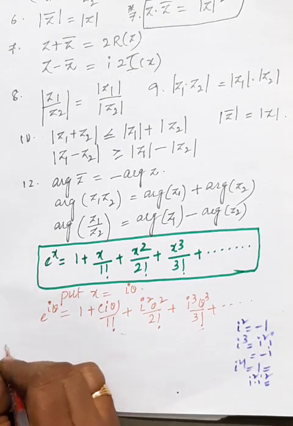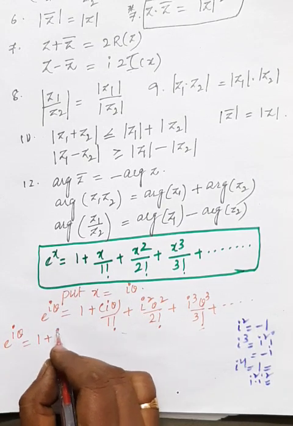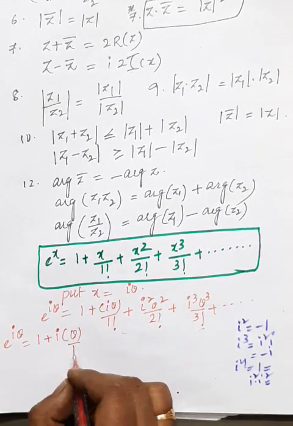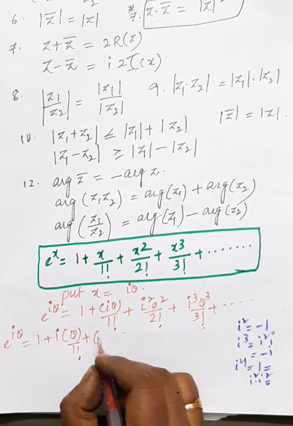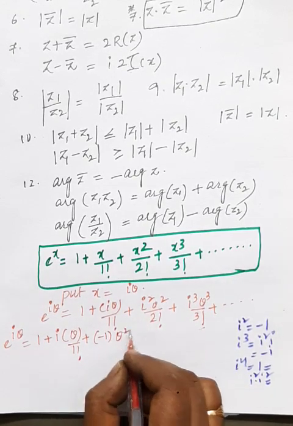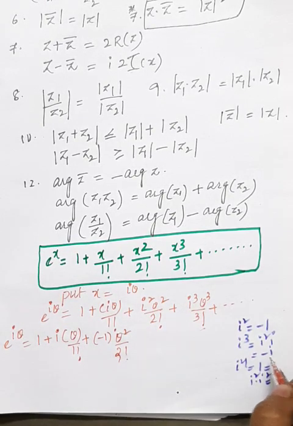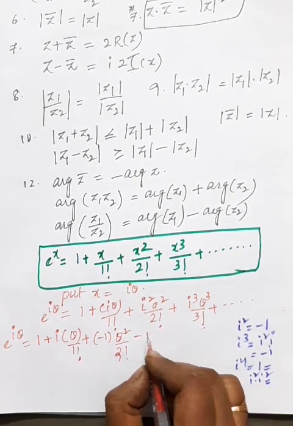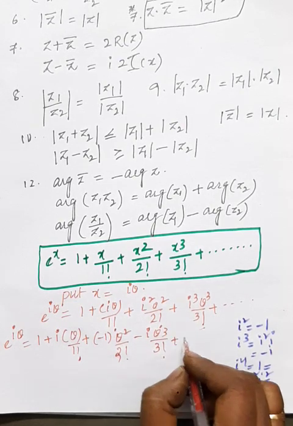Therefore we can write e power i theta is equal to 1 plus i into theta by 1 factorial plus i square is minus 1. So minus 1 into theta square by 2 factorial. Next i cube is minus i. Therefore minus i into theta cube by 3 factorial plus so on.